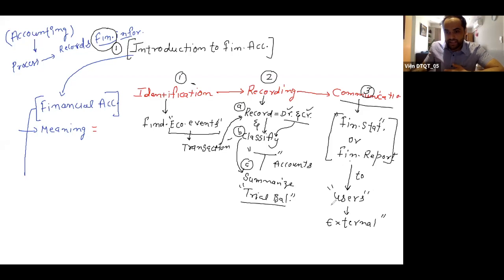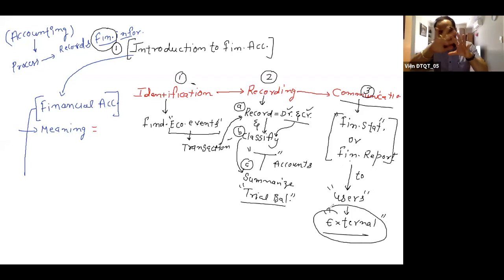Because I explained before that financial accounting is a process that helps us provide information to external users, and then external users make their various decisions. That's the whole idea. So this is financial accounting: identification, recording, and communication. That's the complete picture of financial accounting.